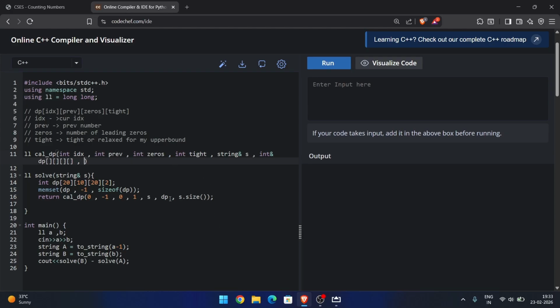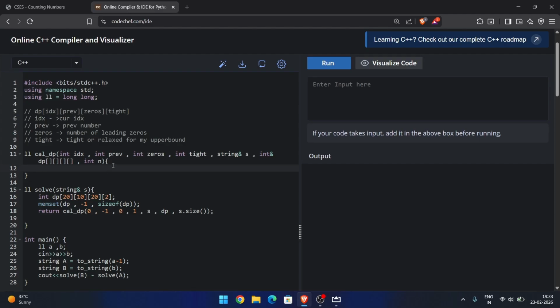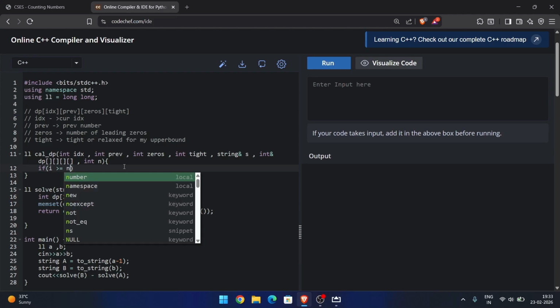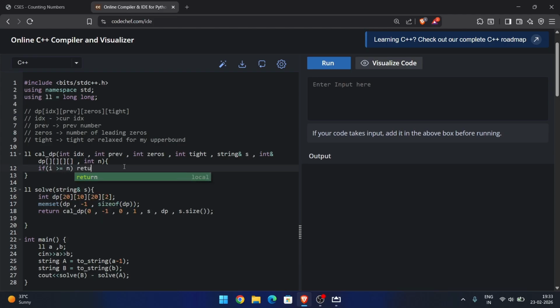And size n. Okay, so what I said, if we have this data and that is if I is greater than or equal to 1, we will return 0. Sorry, we will return 1.